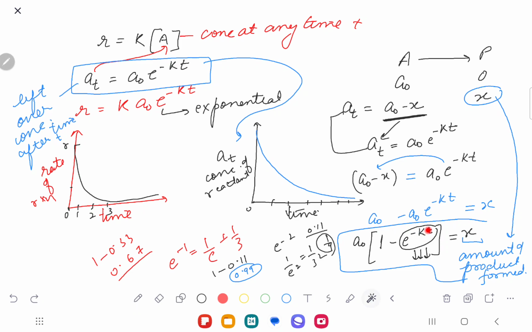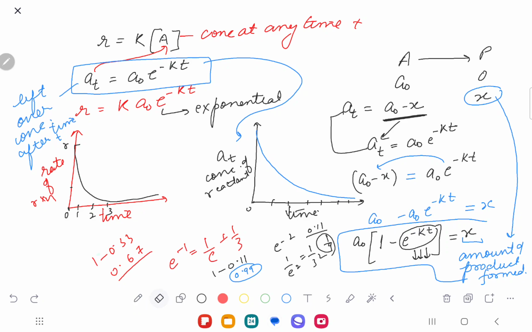That as the time passes by, e raised to power minus kt goes on decreasing, and 1 minus a smaller number will give me a bigger answer. So with time x is increasing, isn't it? Did you understand this explanation?